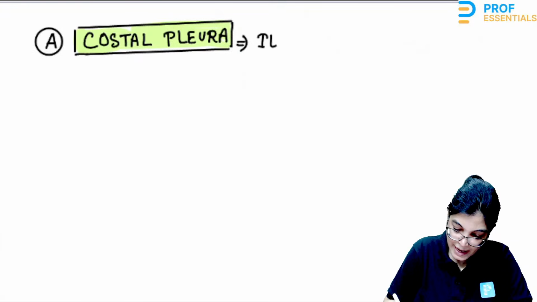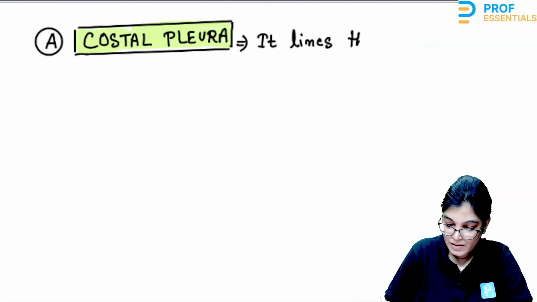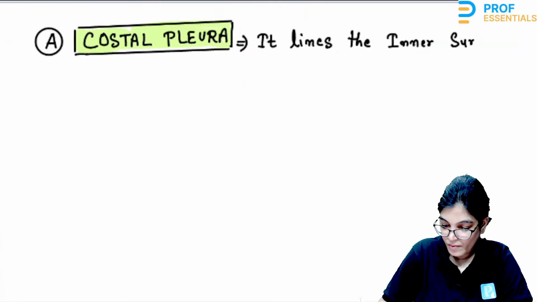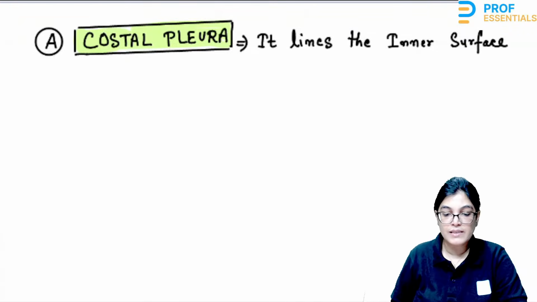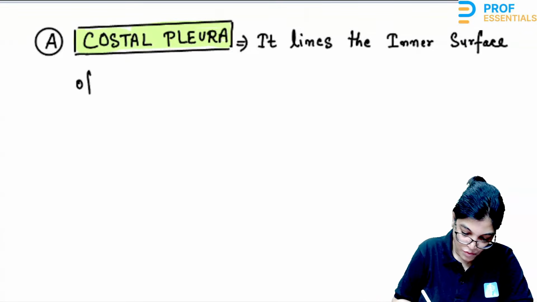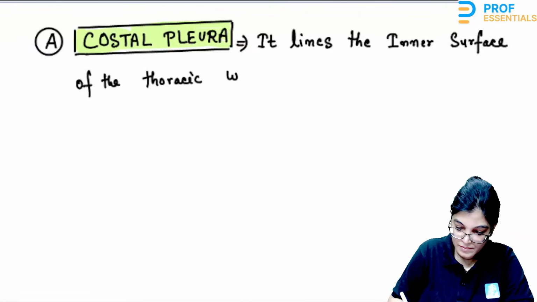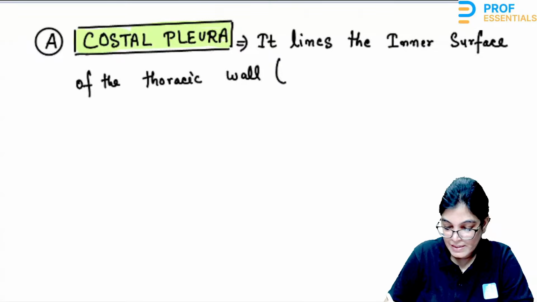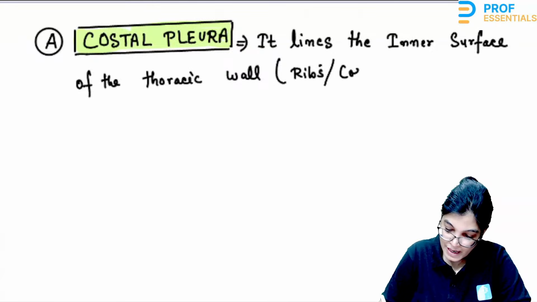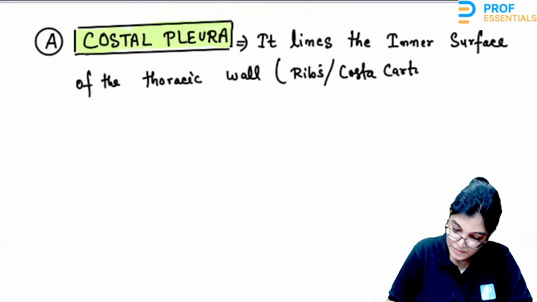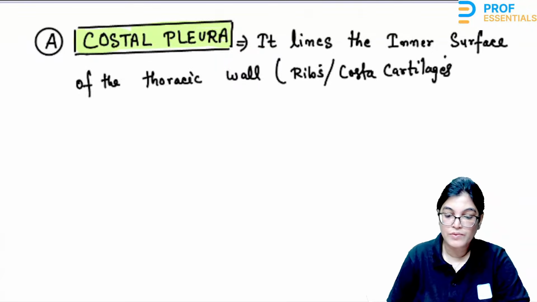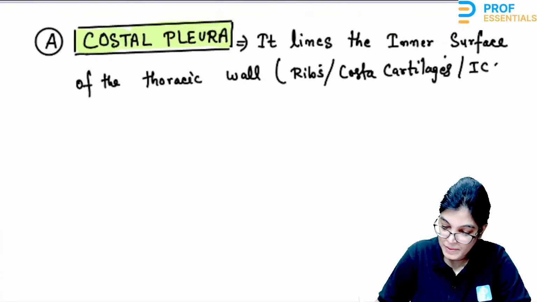Costal pleura lines the inner surface of the thoracic wall. If I talk about thoracic wall, it consists of ribs, costal cartilages, and intercostal spaces.